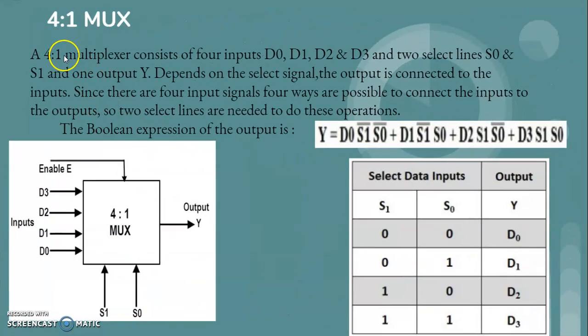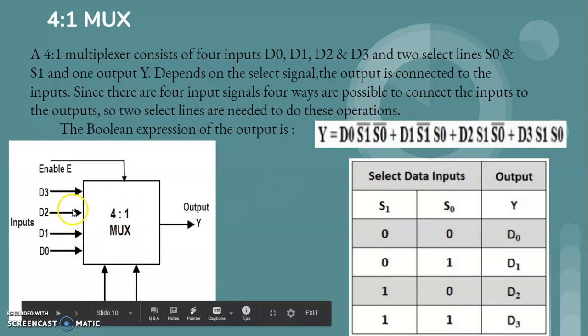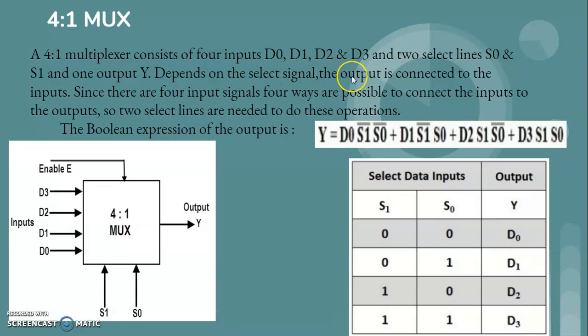Second type is 4:1 mux. A 4:1 multiplexer consists of four inputs D0, D1, D2 and D3 and two select lines S0 and S1 and one output Y, as you can see here in this figure. Four inputs, one output and two select lines. Depending upon the select signal, the output is connected to the inputs.